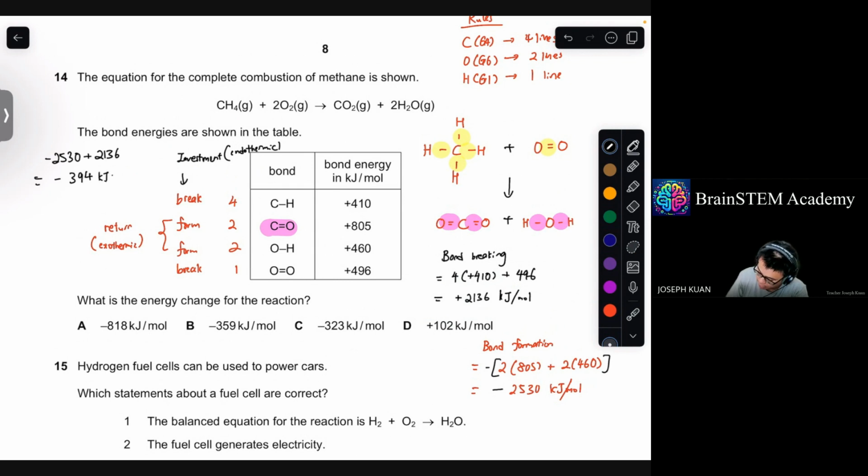Am I making a mistake here? I think I just did. Let me check whether my values are correct. Am I missing something? Yes, I am missing something. This is scary. I forgot to multiply by 2 for the bond breaking process. So let's check that out. Let's change this number again.